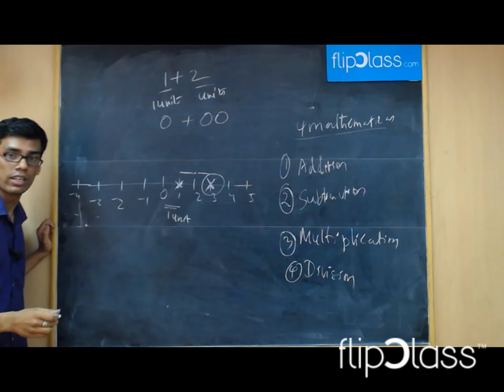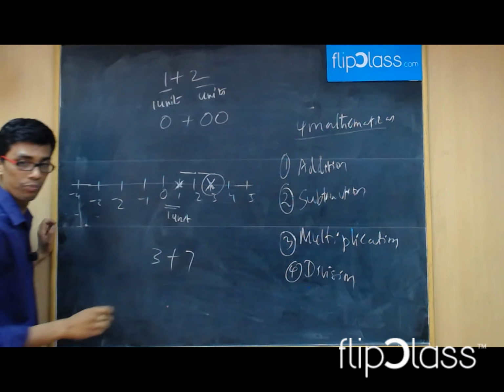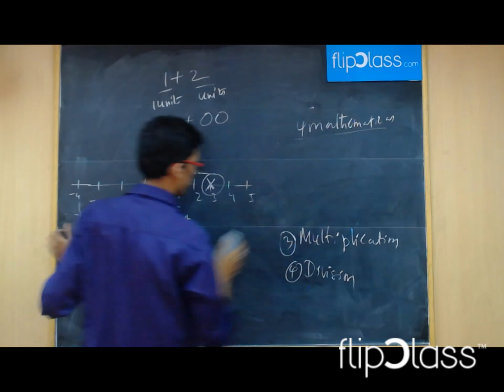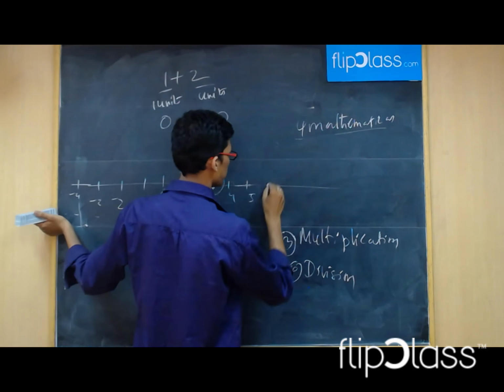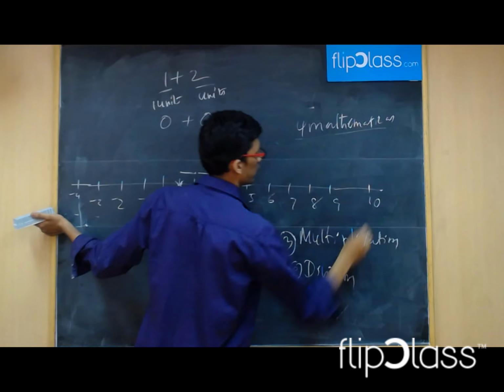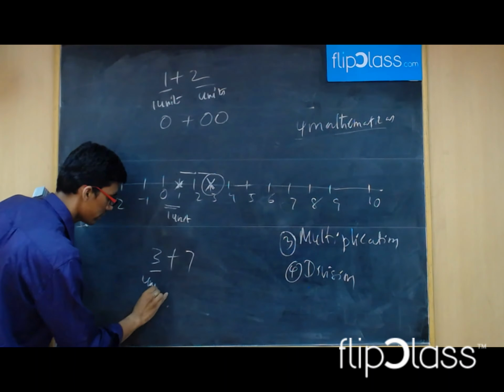Now if I ask you what is 3 plus 7, how do you do that? You have a number line extending like this: 6, 7, 8, 9, 10. You have to add 3 units of anything.